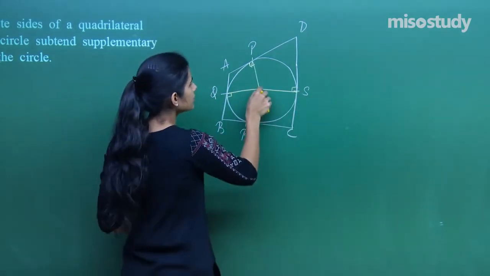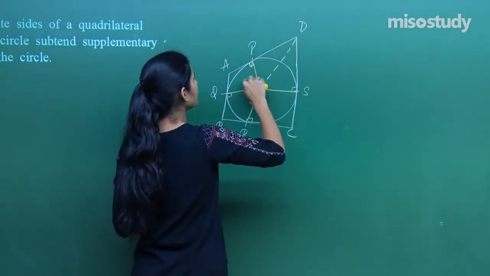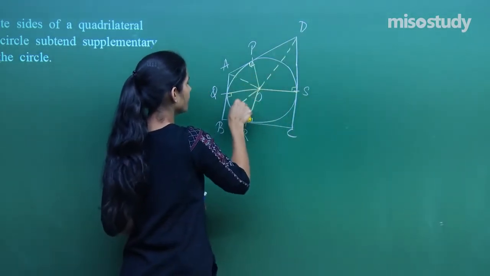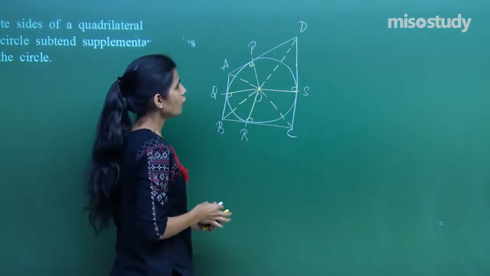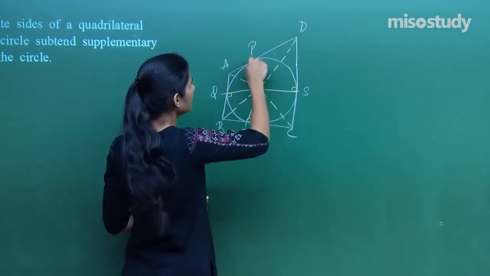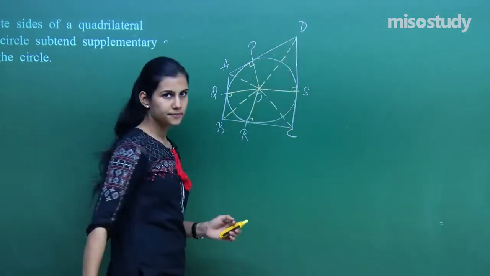Now what you do is, you draw these lines joining the center with the vertices of the quadrilateral. Focus upon the two triangles POD and SOD.